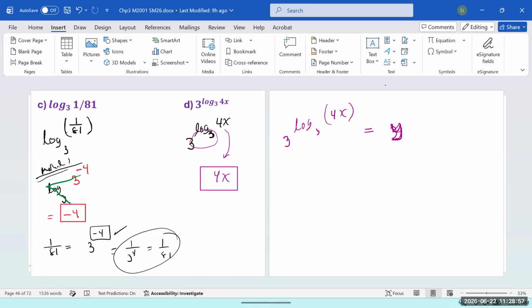Now, if this is y, then what happens? Log base 3 of x, y. It's y.